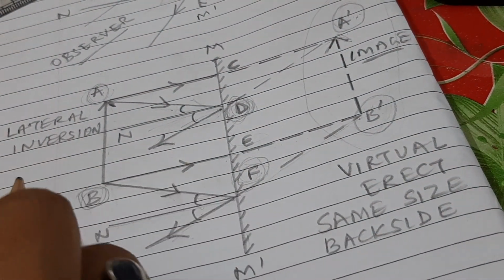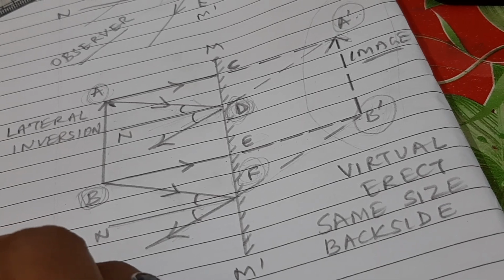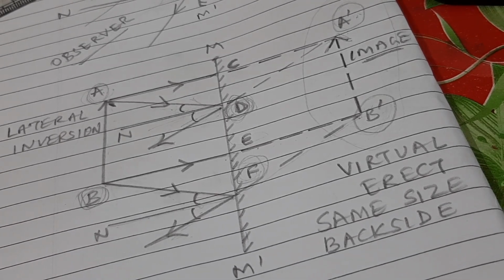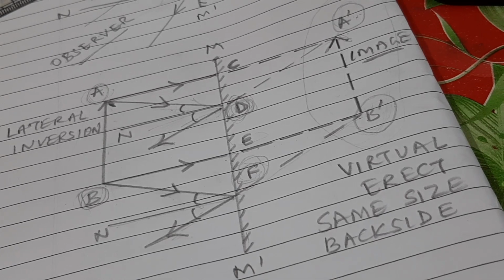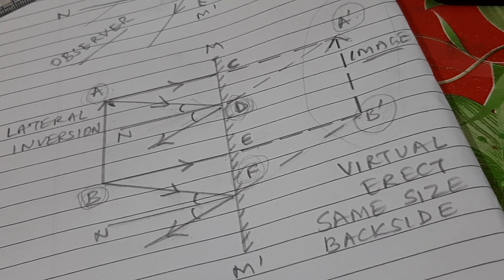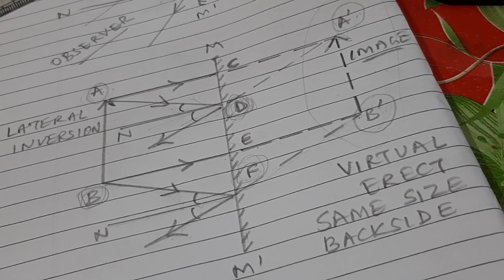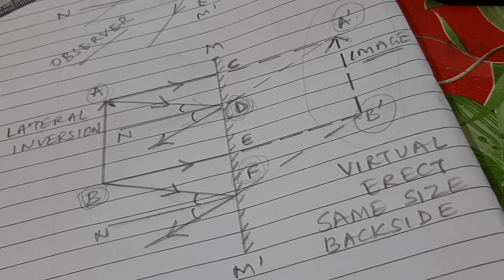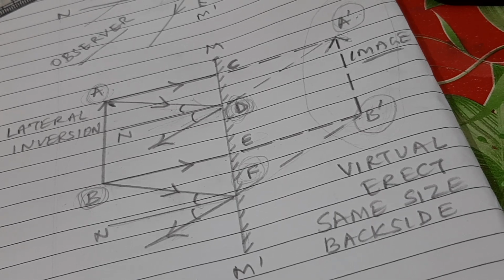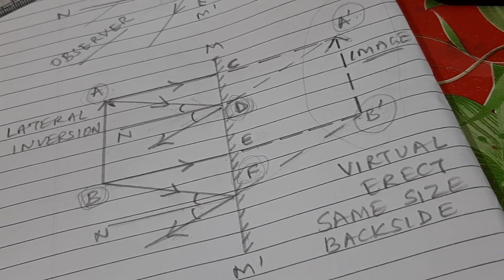Lateral inversion. Now what is this lateral inversion? If we stand in front of a plane mirror, we see the image of our body in it, and the image appears like us only, but there is a difference. The difference is that suppose you lift your left hand, it appears that the image in the mirror is lifting the right hand.